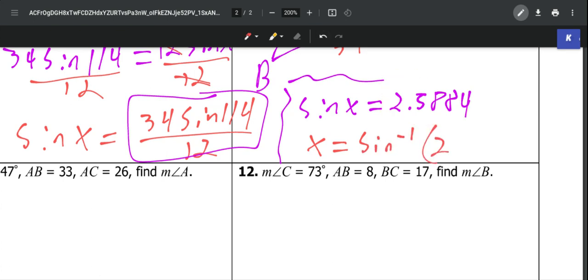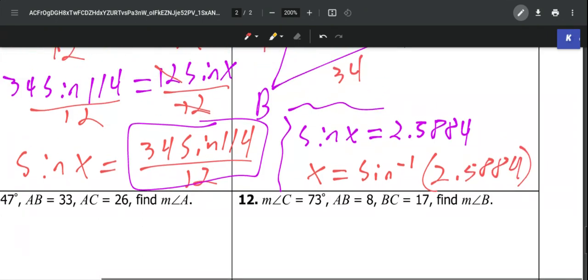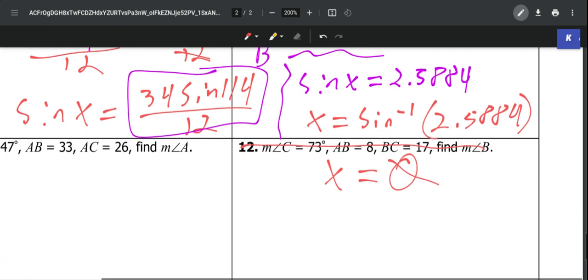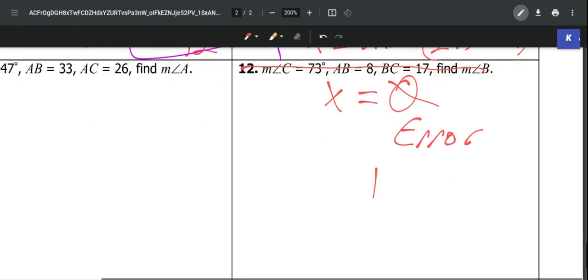So it's equal to inverse sine of 2.5884. When you plug this in, it gives you no solution, the empty set. It actually says error when you plug it in. So that means that we have no solution here.